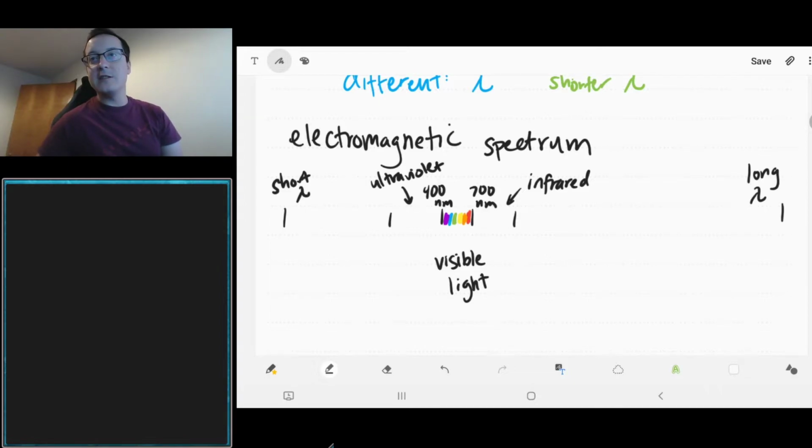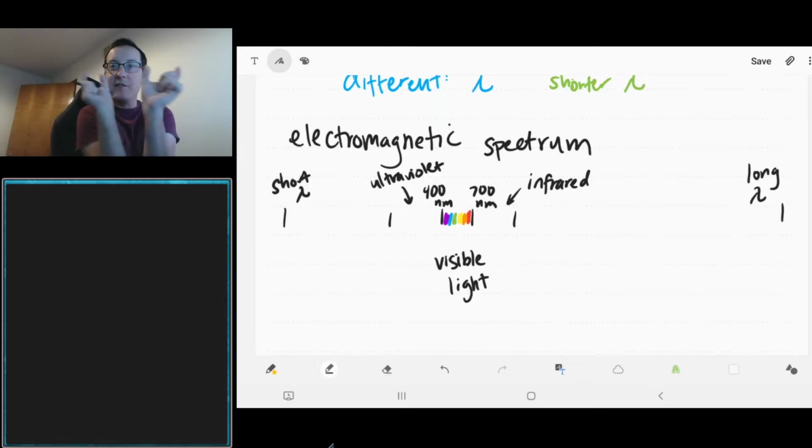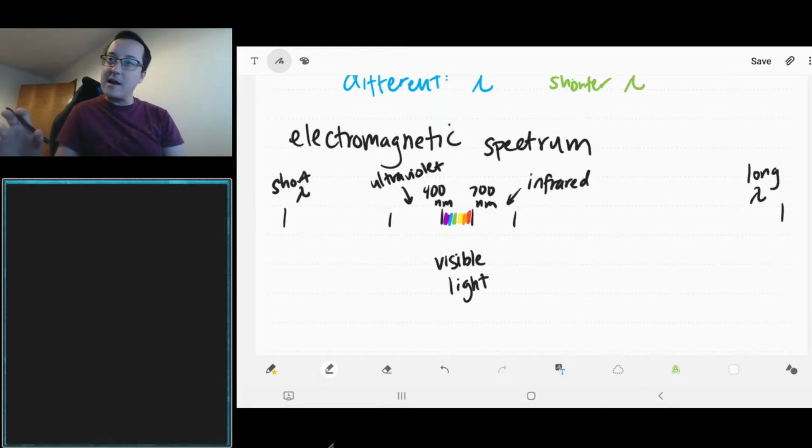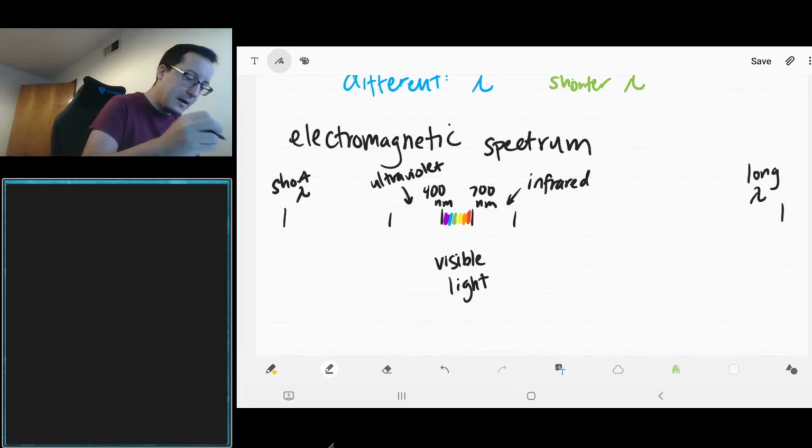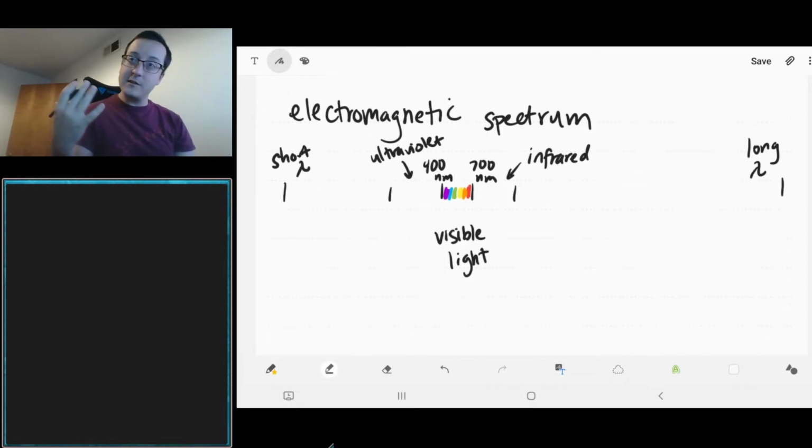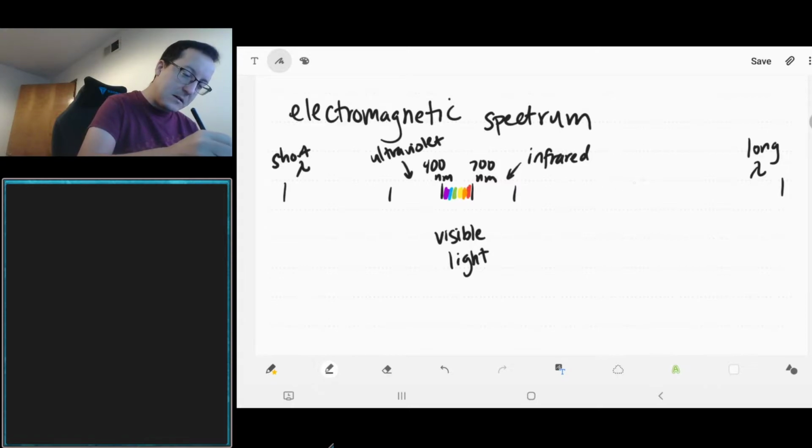Those wavelengths go on the opposite sides of the visible light. So infrared is just past the red, and ultraviolet will be just past the purple. So we're going to see that we have other ones on either side.